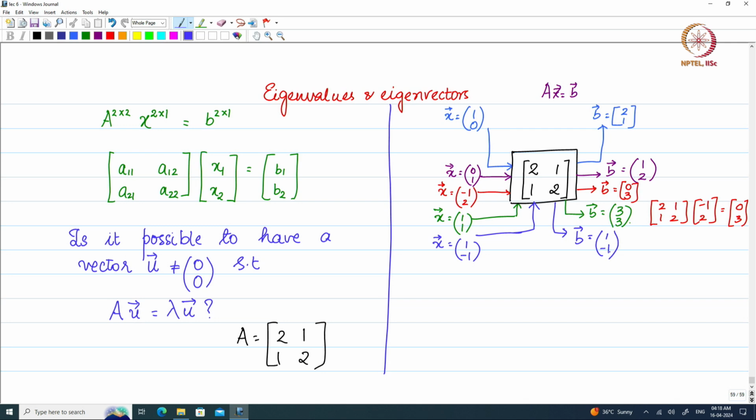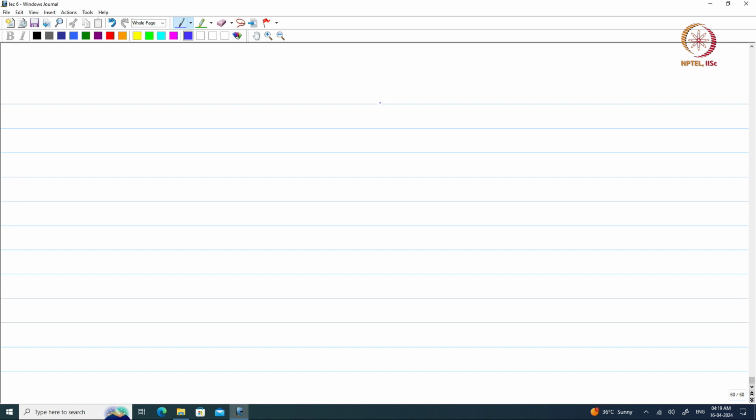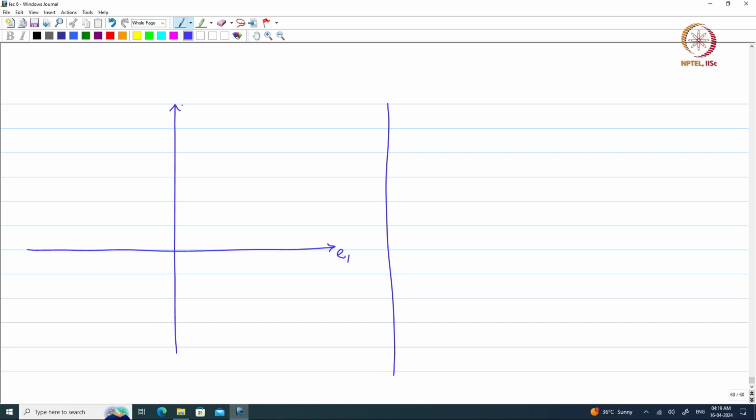Now, what does this all mean? We will get to understand what this all means when we see this pictorially. When we see this pictorially, we get the following things. So, let me draw the axes, say E1 and E2. Let us mark all the points.